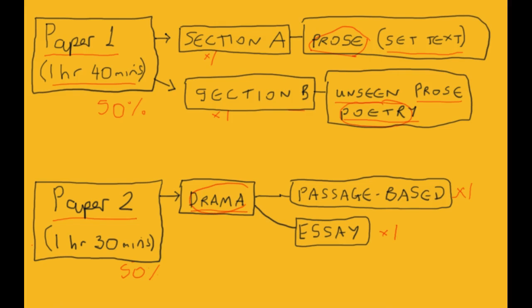All of these questions are testing to see whether you have the knowledge, let's call it K, and the skills, let's call it S, to appreciate the literature that you're looking at. And we're going to, over the coming tutorials, look at exactly what you need to do in order to demonstrate that knowledge and those skills so that you can get top marks.